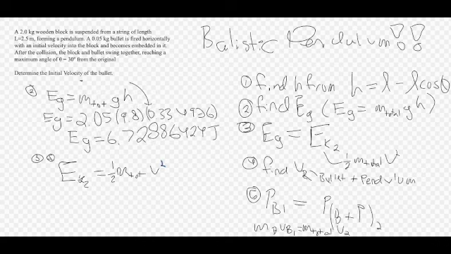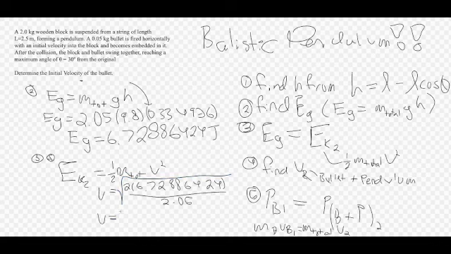So we can then use that, which is going to equal our EK value. So then our kinetic energy is equal to 1/2 the total mass, so bullet plus pendulum, times velocity squared. Now, we do not know velocity, which is what we're trying to find, so we must isolate this. This then turns the equation into velocity equals the square root of 2 times the gravitational energy divided by the total mass, because when you divide by 1/2 you multiply by 2, all under a square root since velocity is squared.